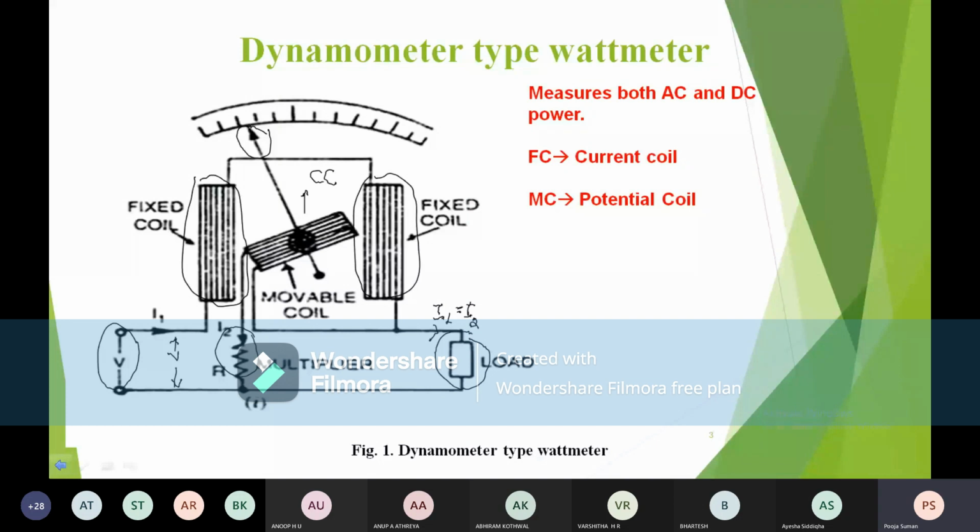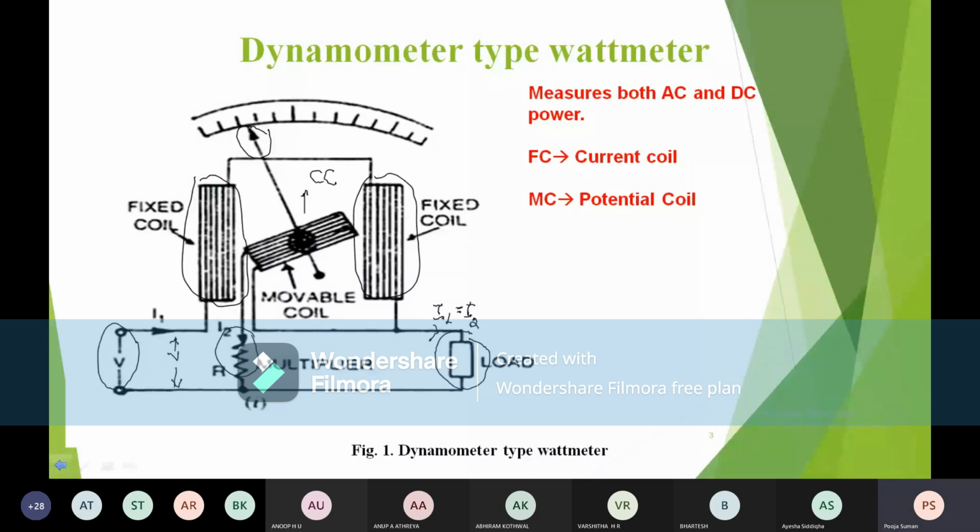And next, the movable coil is also called what? Potential coil. Why? Because they are connected across what?